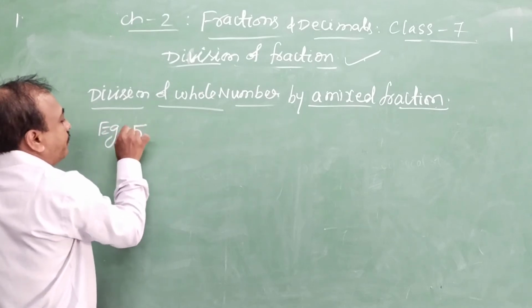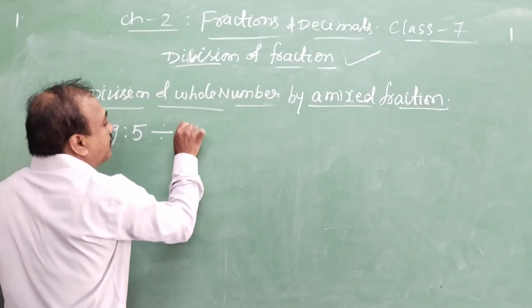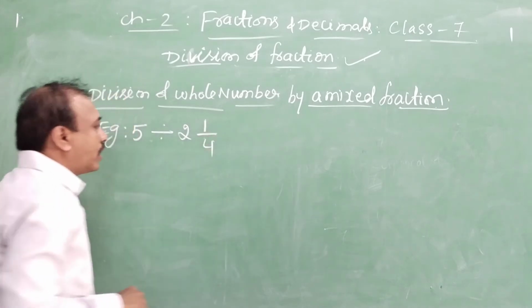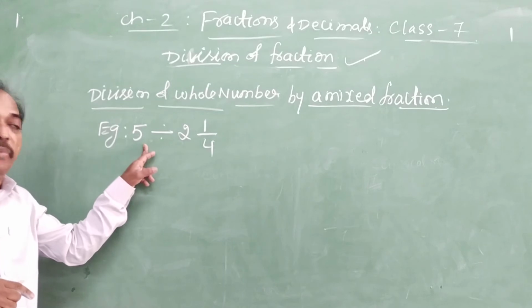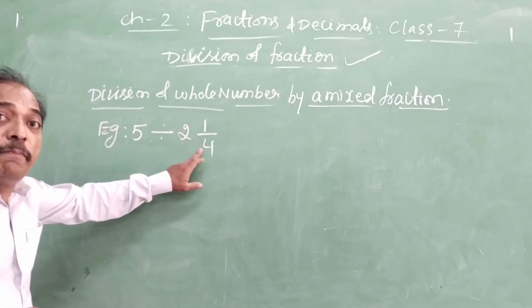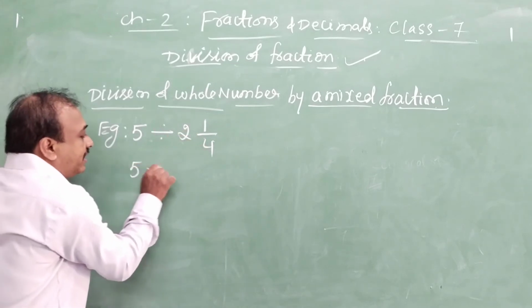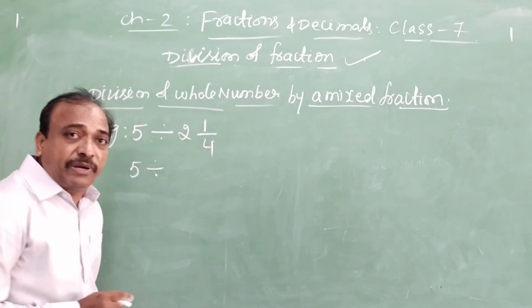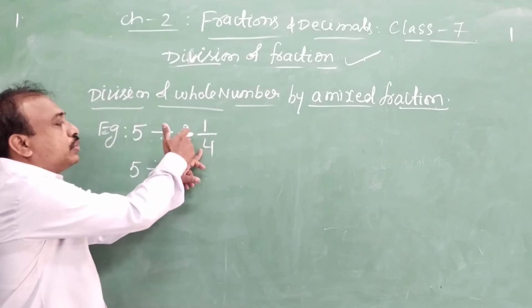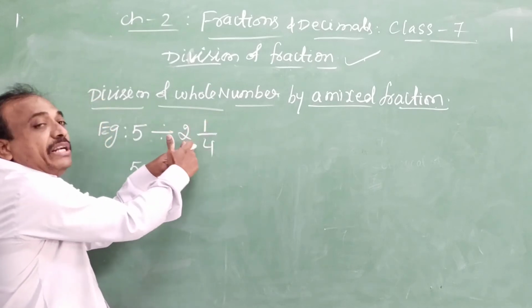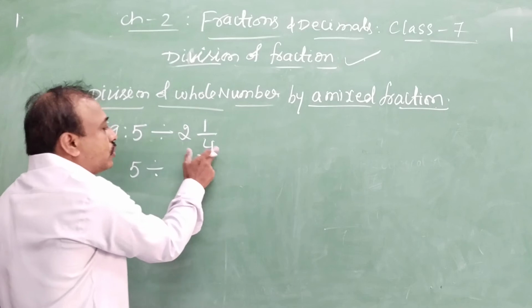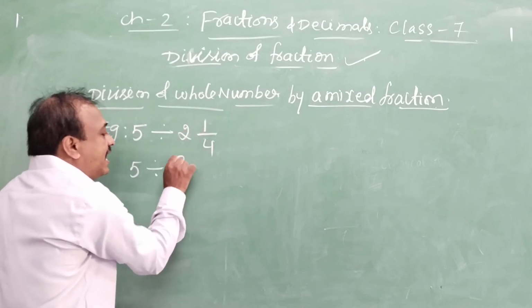Example: 5 divided by 2 1 by 4. This is a mixed number and here it is a whole number. So first convert this into an improper fraction: 4 into 2 plus 1. 4 twos are 8, plus 1, 9.